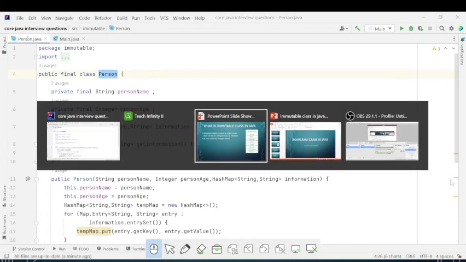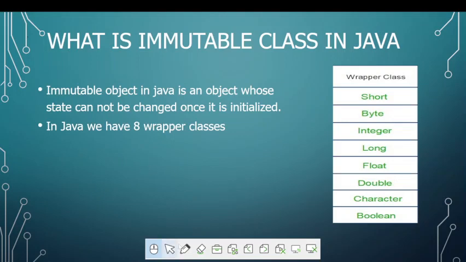So let's continue with the presentation first. Java has basically 8 wrapper classes, which are short, byte, integer, long, float, double, character and boolean. If you see, all these are data types.